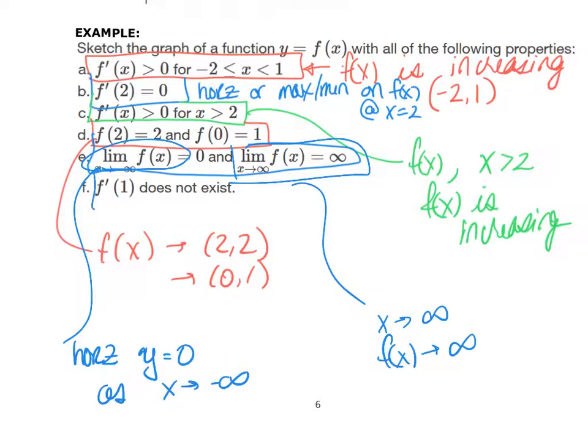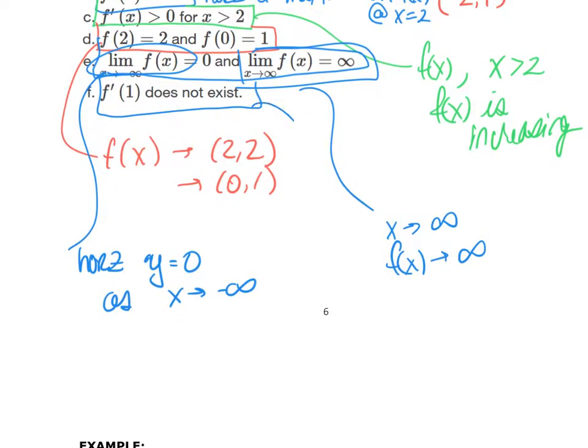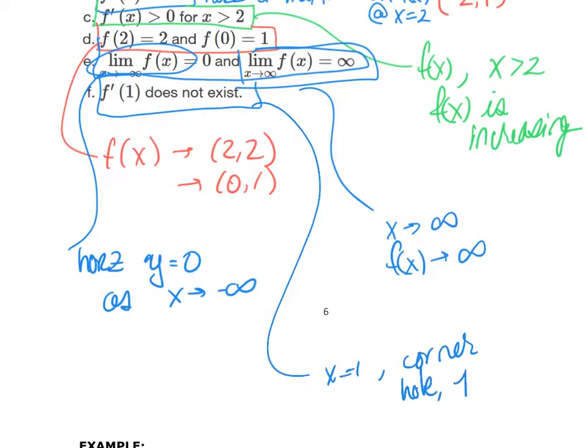And then f prime of 1 does not exist, which means either it's not continuous or it's a corner. So at 1, that's telling me that when x is equal to 1, I could have a corner. I could have a hole. I could have a jump.